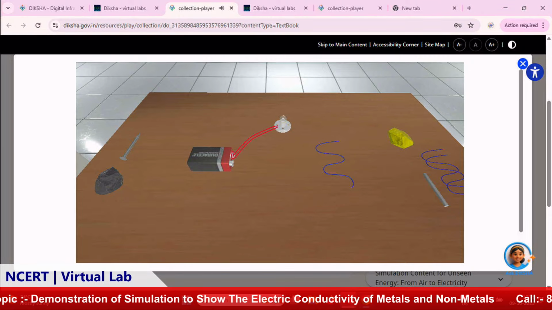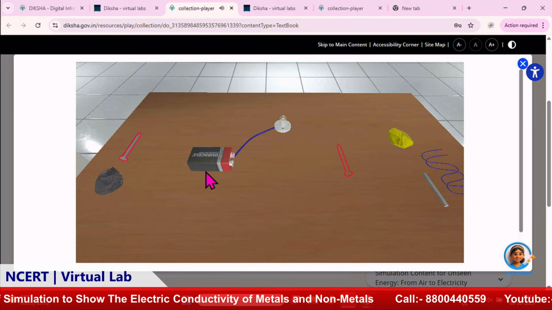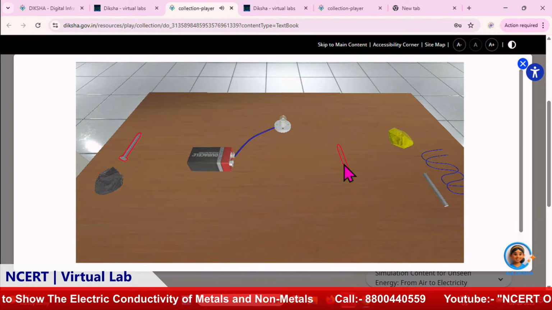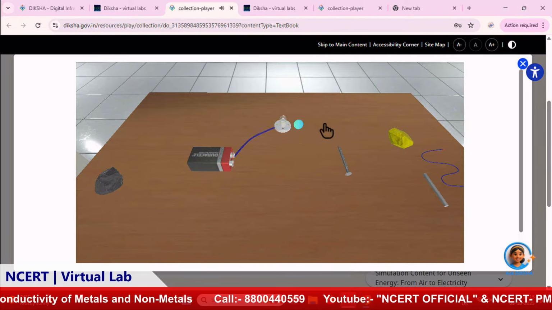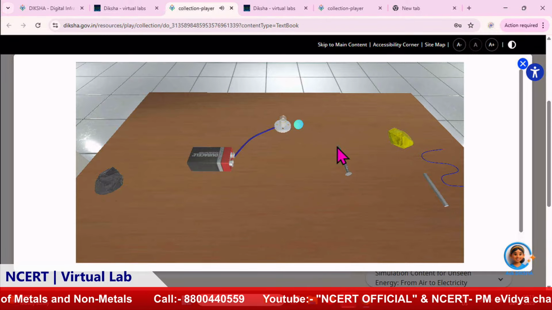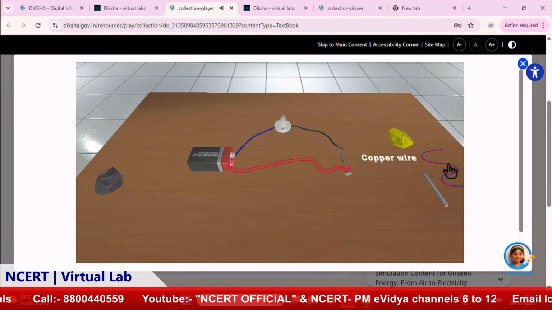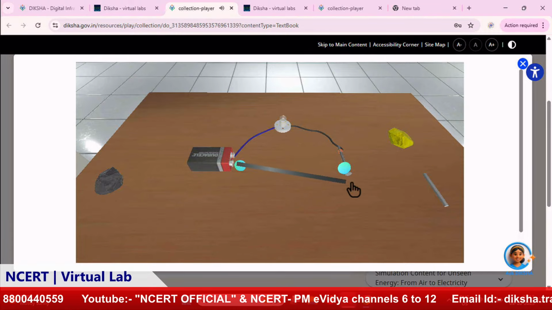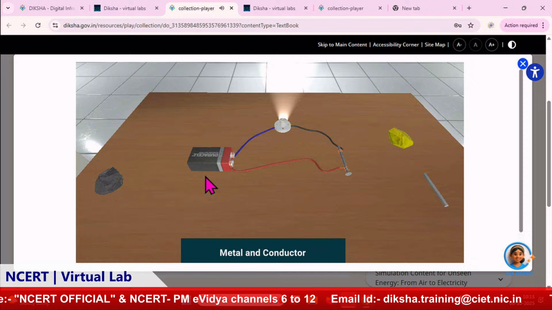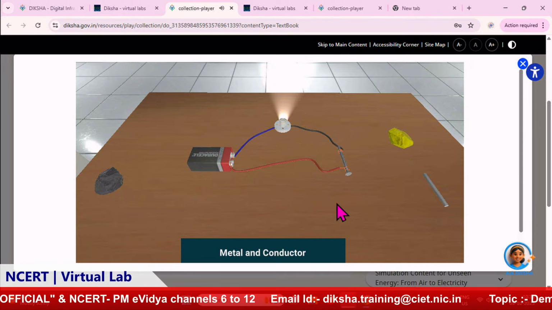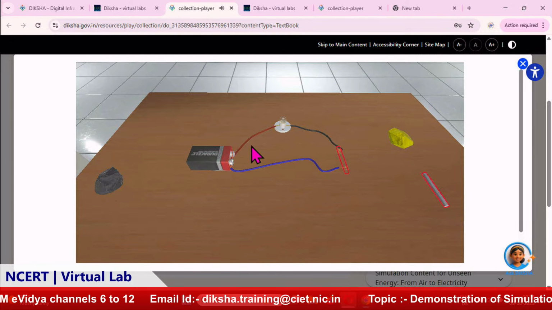Then I will use the connecting wires and place a wire from the positive terminal to one of the terminals. Then I will place this iron nail over here on this outline, and then drag another wire from the bulb to this iron nail, and one more wire from the battery to this iron nail. Now I have built the circuit.